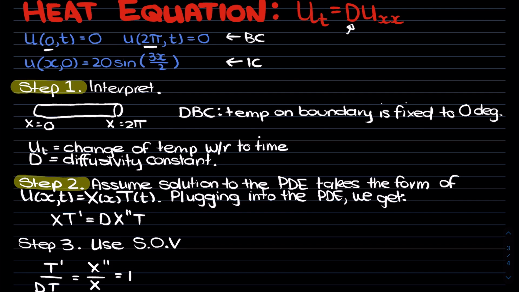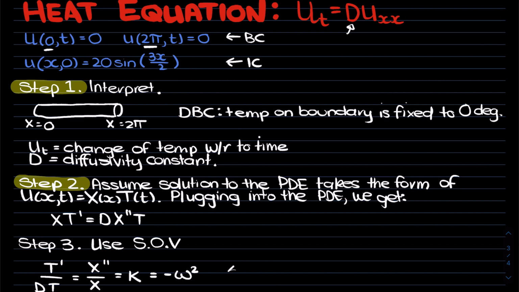Now this is going to be equal to something k. We don't know what k is, but if x is completely independent of t and t is completely independent of x, which they are, and if they're allowed to freely vary but they still equal each other, we know that k is some constant. Now, instead of writing k, we're actually going to write negative lambda squared.